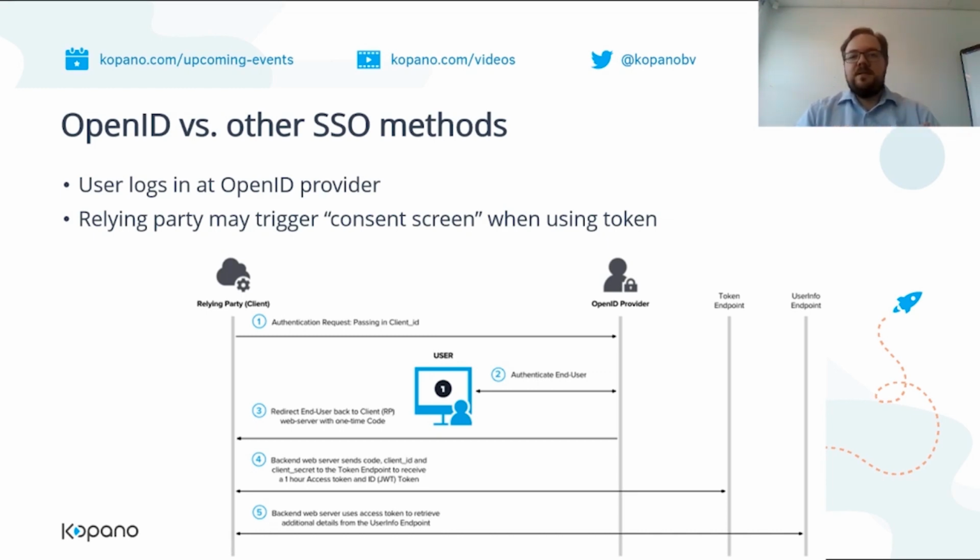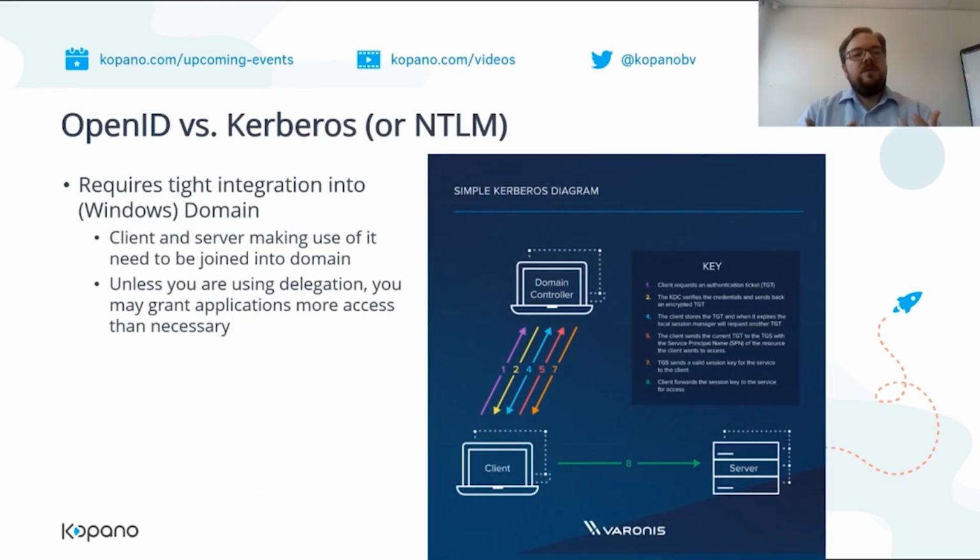In the case of using Kerberos or even NTLM, you have to make sure your application, your server, is joined into the Windows domain that provides Kerberos. So there are quite some additional heavy steps in IT infrastructure involved, in my opinion at least, to make an application compatible with Kerberos.